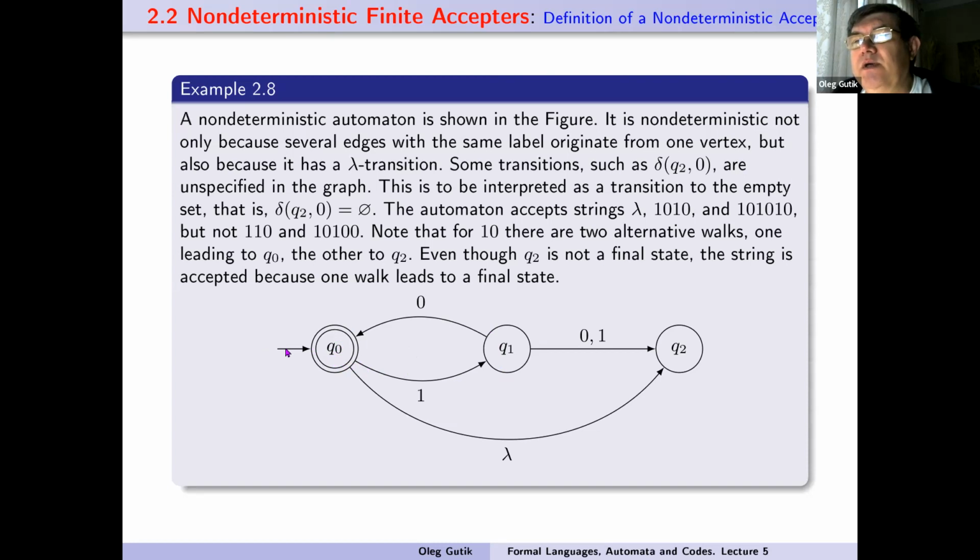If we input Q0, then we have no problem to output, and in this way we get the empty word, lambda. So next, if we make such a cycle many times, we get a word of the form (1 0) to the power n.